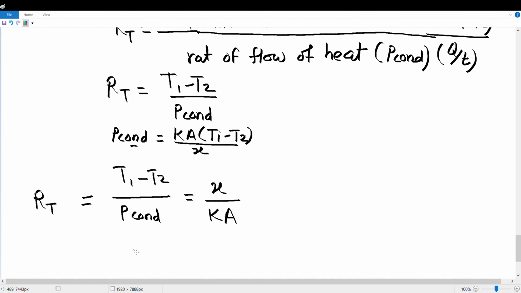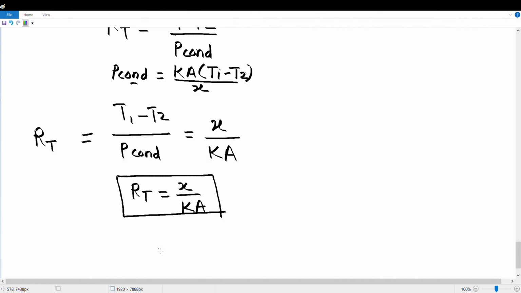So this thermal resistance RT is equal to X divided by K times A.